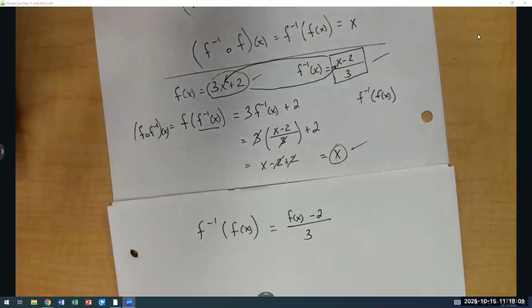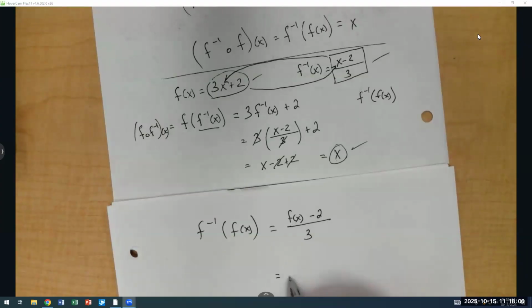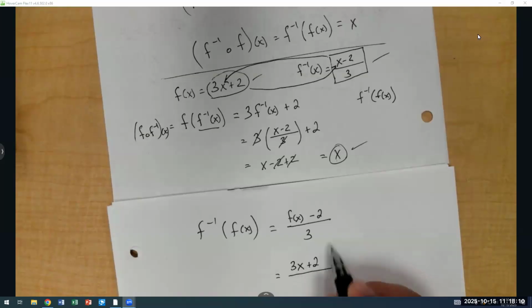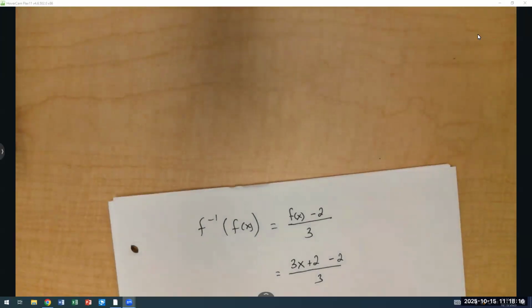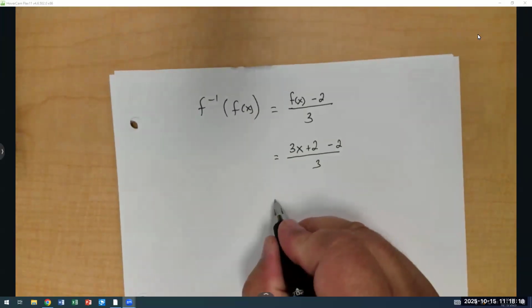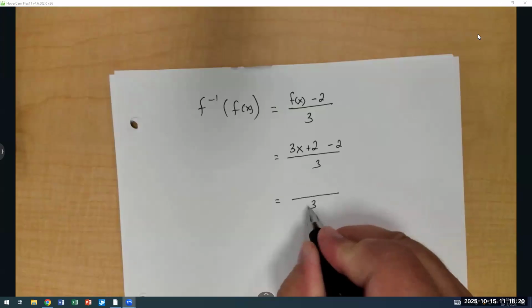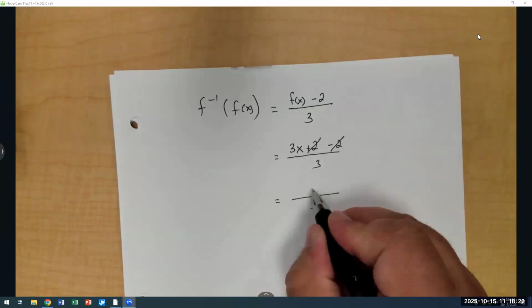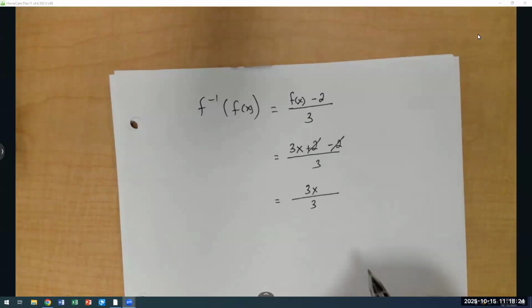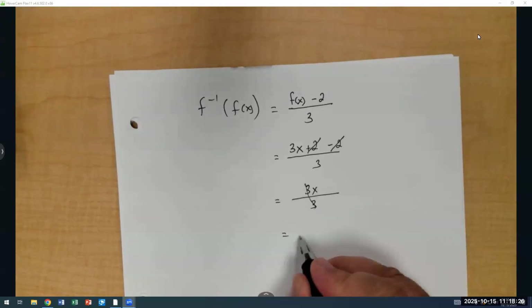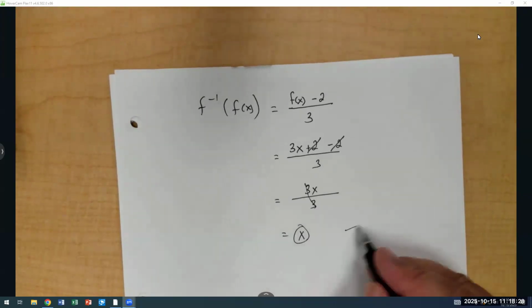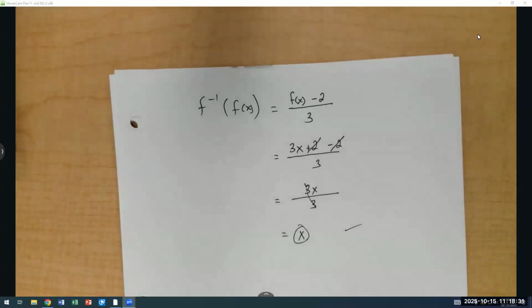That's what that says. f of x is 3x plus 2, minus 2 over 3. The 2 minus 2 cancels, the 3's cancel, and we're left with x, which is what our test was all about.